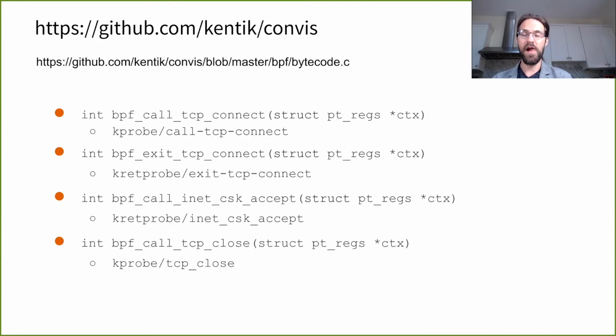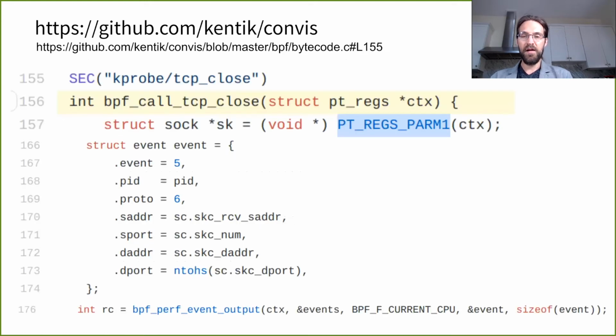How does it work? Take a look at bytecode.c, and you can see that we're instrumenting 4 calls, really. These are basically around setting up a TCP connection, accepting a TCP handshake, and running a TCP close. Diving in further, the magic here is really happening on line 157.